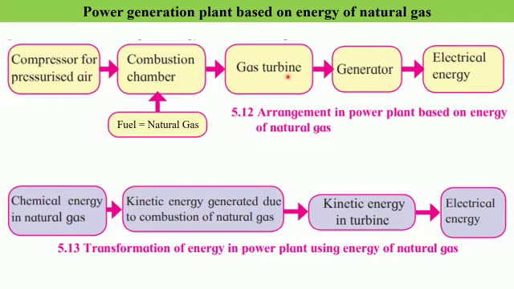Just as in a thermal power plant, we had a steam arrangement where the steam was used under pressure and very high temperature to rotate the turbine, in the same way, here we have natural gas, which is going to bring about the rotation of the gas turbine. As soon as the gas turbine starts rotating, it is connected to the generator, which also starts rotating, and electrical energy is generated. So this is how energy from natural gas is obtained.